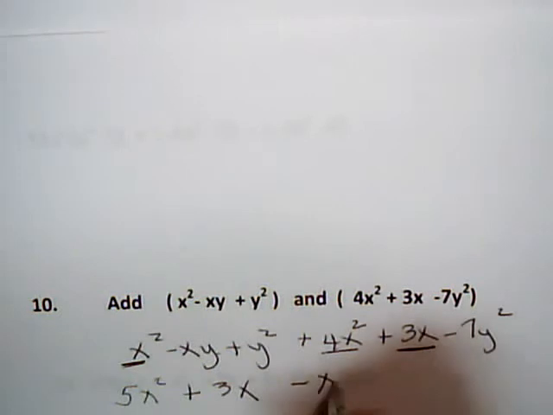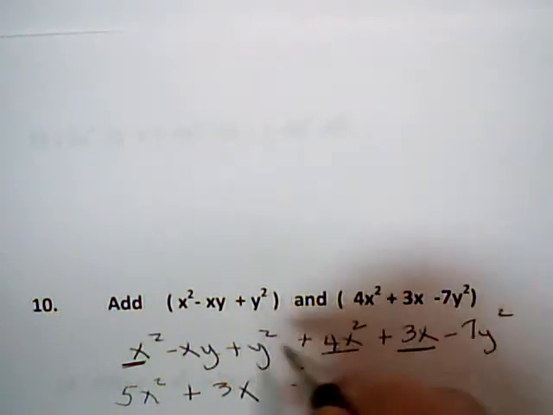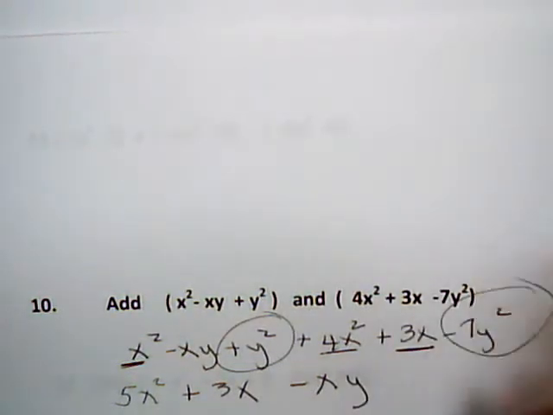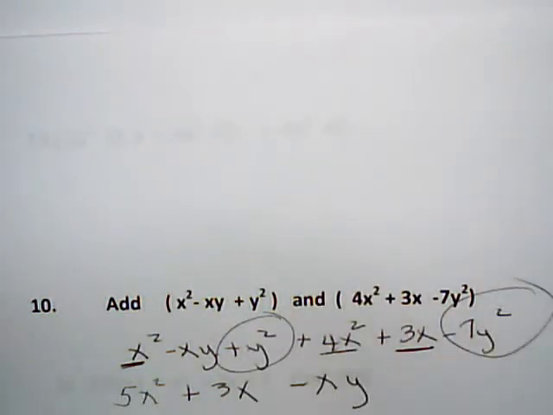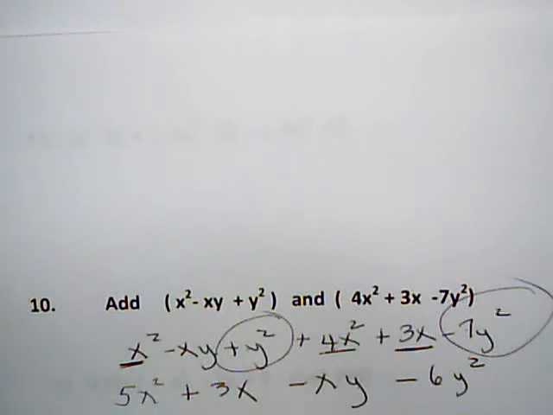And that's the only one, so I'll bring it down. And then I have y squares, and I have a plus 1 and a negative 7. My signs are different, so I'm going to subtract and keep the sign of the larger number. And if you'll notice, as my x's go down, my y's begin to increase, and that happens a lot, and that's a good way to write that.